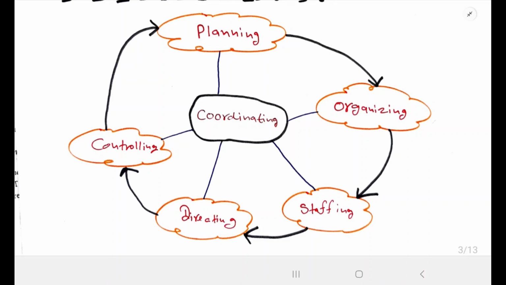Somewhere it's a function, and somewhere we can understand it like coordination is inherent in all these five functions. Or we can say this coordination will bind all these functions. Without coordination, any functions will not work properly.